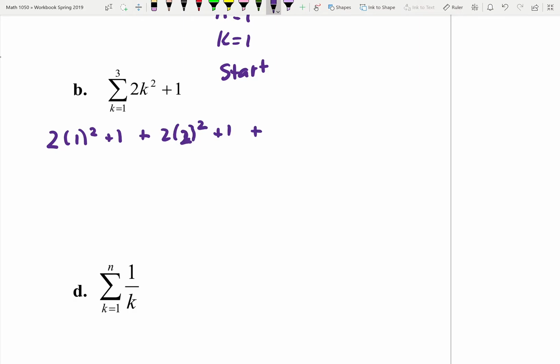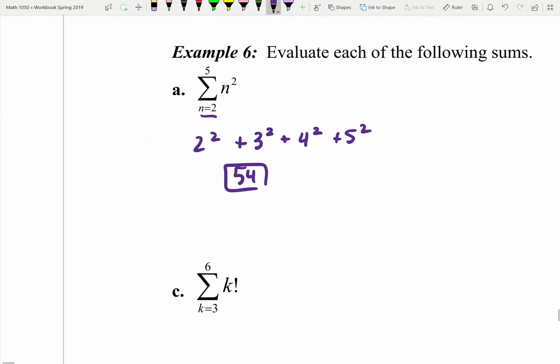Then you're going to add that to k being 3, and then you're going to stop. So that's 2 times 3 squared plus 1. Let's just put it in our calculator. I can see that's going to be 2 plus 1 plus 9. I'm kind of doing this in my head. I believe you get 31. That's it. Okay, C.